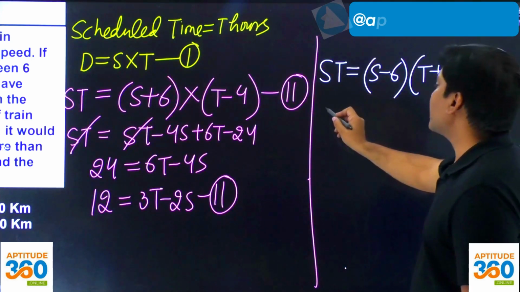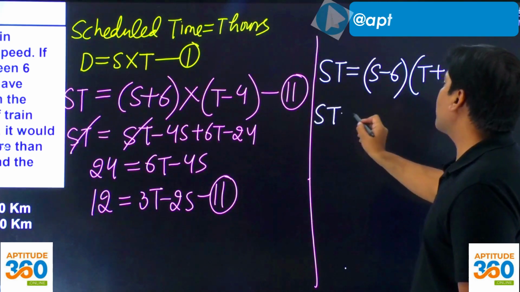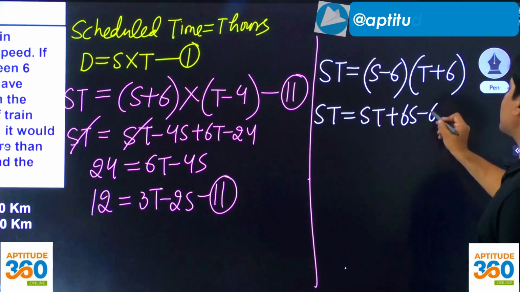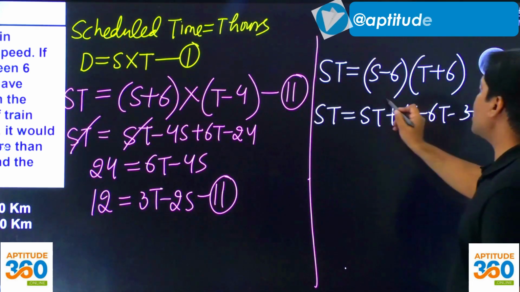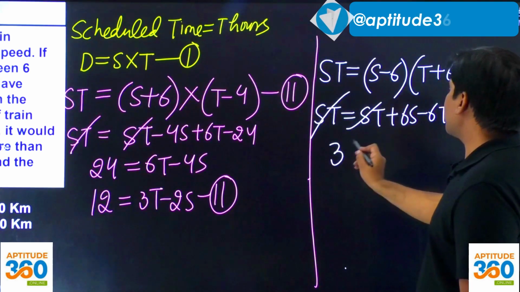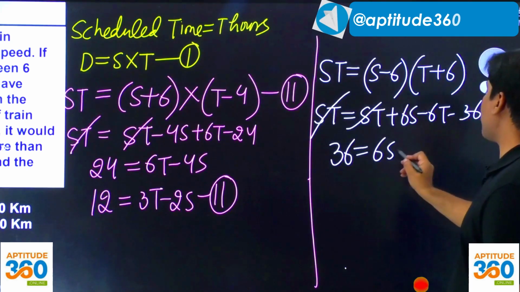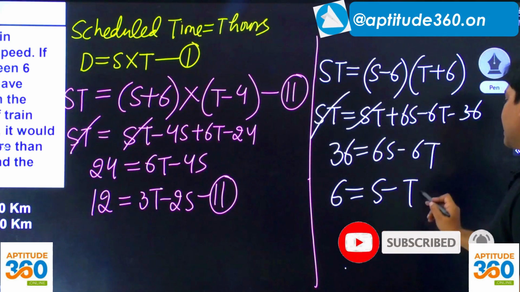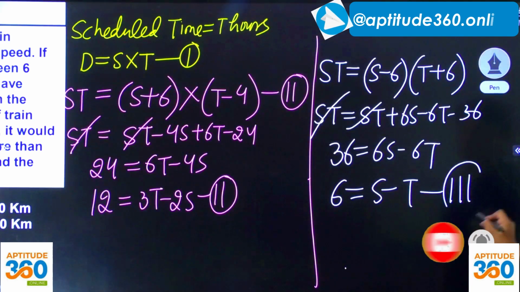So can you find out another one? So st is going to be st plus 6s minus 6t minus 36. So these two values are gone. So the value of 36 is 6s minus 6t, or 6 is equal to s minus t. That's your equation number 3.